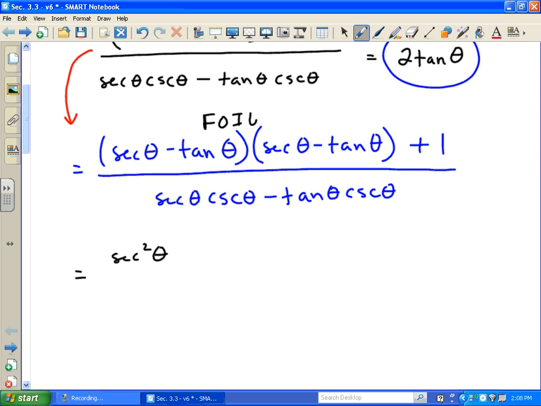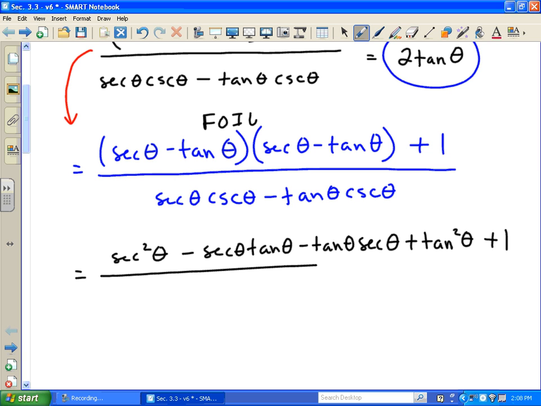I have secant times negative tangent, which is negative secant theta tangent of theta. I have negative tangent times secant of theta, which is negative tangent of theta secant of theta. I have negative tangent of theta times negative tangent of theta, which is positive tangent squared of theta. And then I still have the plus 1. The denominator, once again, I'm going to leave that alone for the moment.